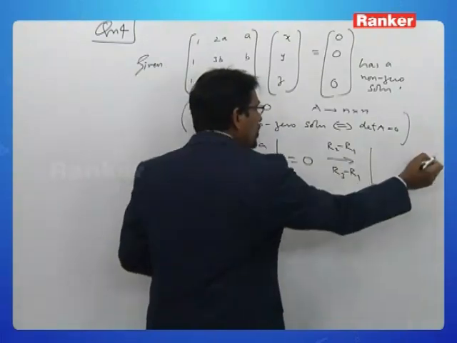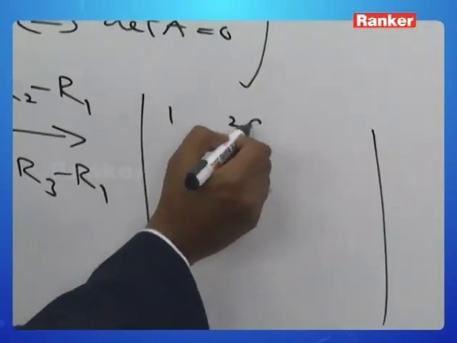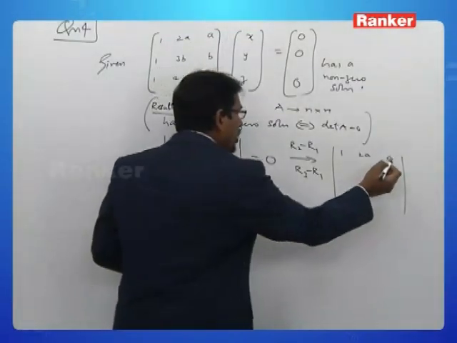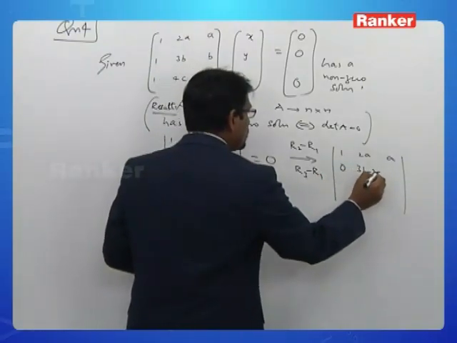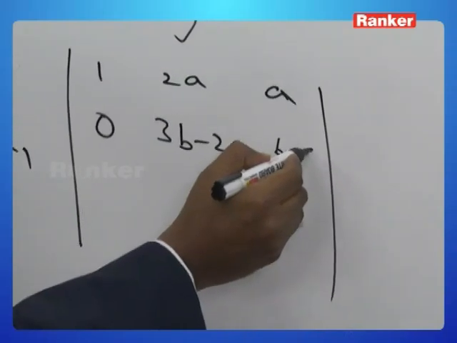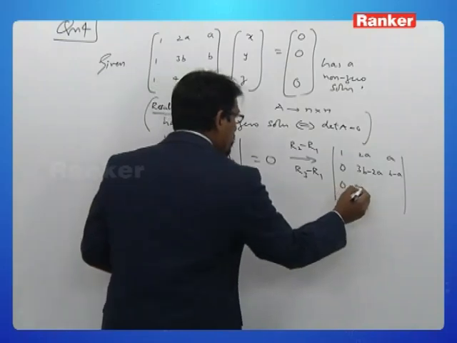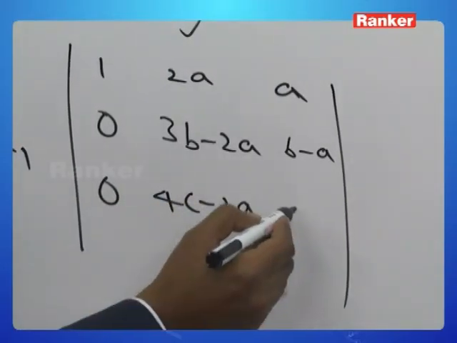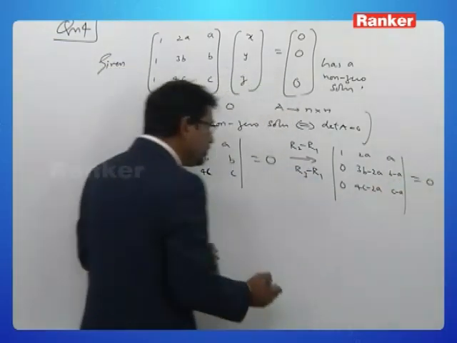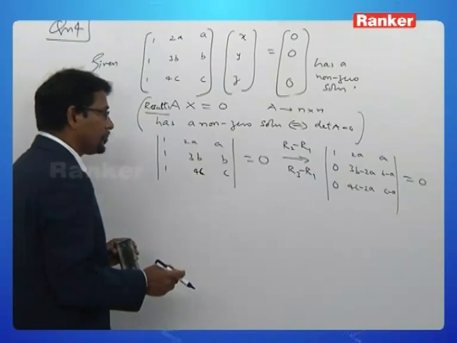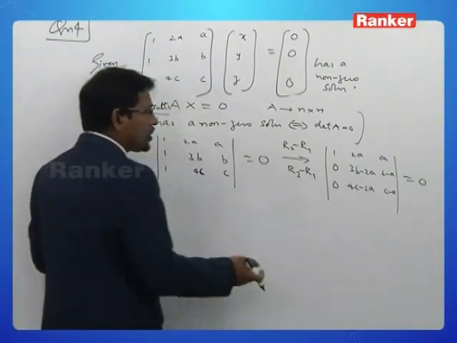These are invariant operations, we know. So we get 1, 2a, a; then 0, 3b minus 2a, b minus a; and 0, 4c minus 2a, c minus a, which is 0. This determinant is the same as the original determinant, so that's 0.